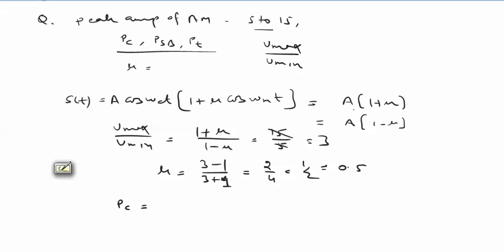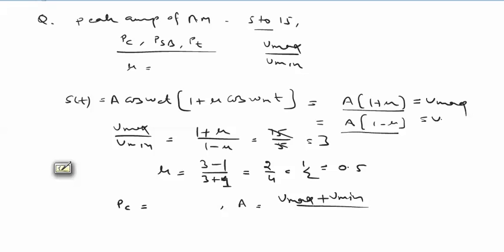Vmax is this term. We can calculate carrier power if we know carrier amplitude. Carrier amplitude comes from these two terms, Vmax and Vmin. If we add Vmax plus Vmin, then we get result A equals Vmax plus Vmin divided by 2.